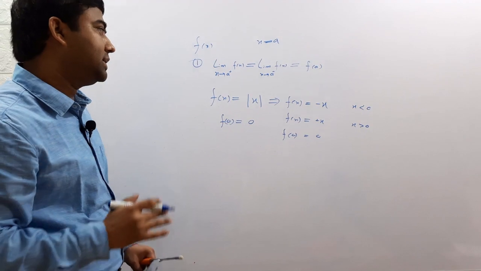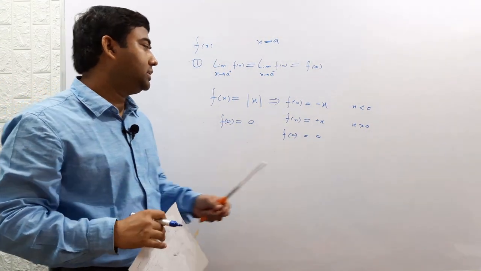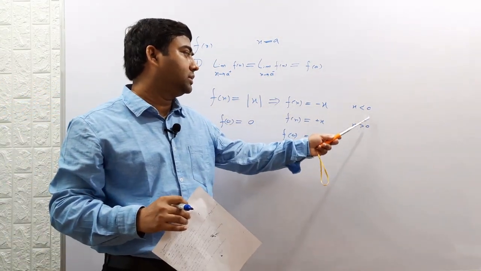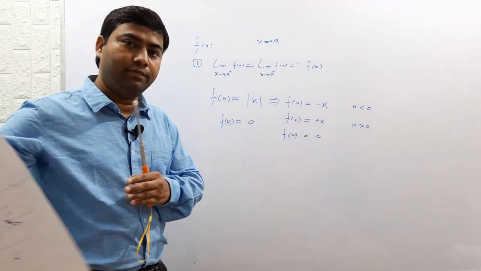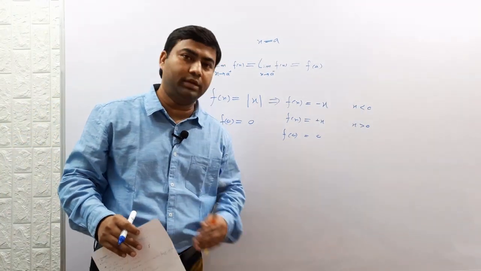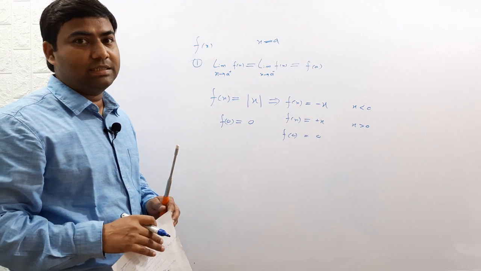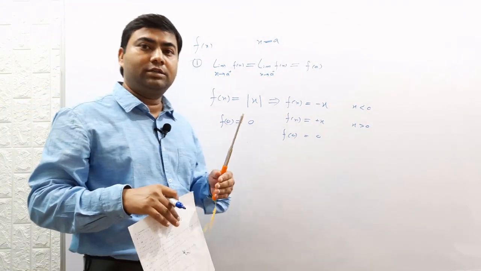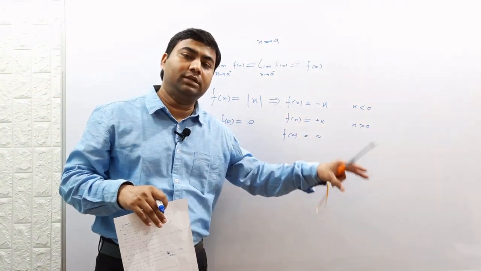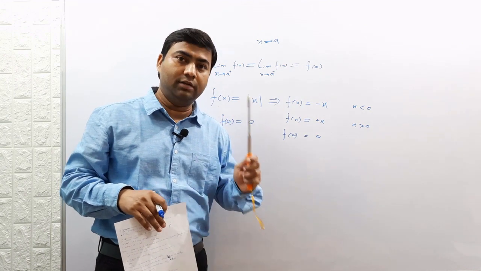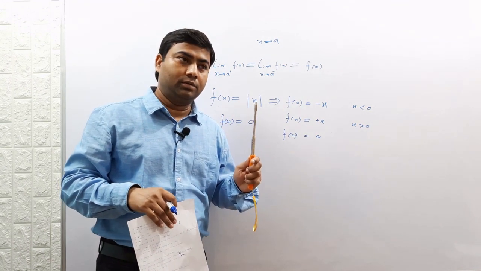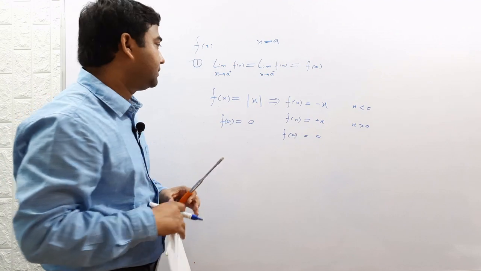Let us draw this function and see if there is any discontinuity at x equal to 0, when x comes from the right direction and x comes from the negative direction. In both cases, the value of the function should converge to a single value, to be a continuous function.